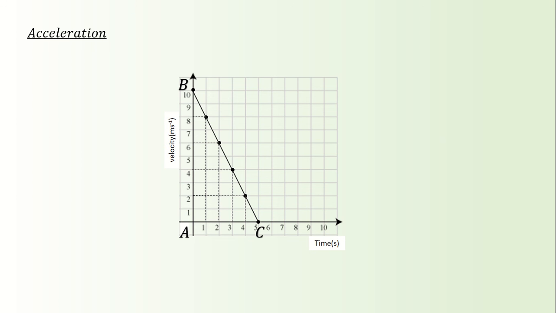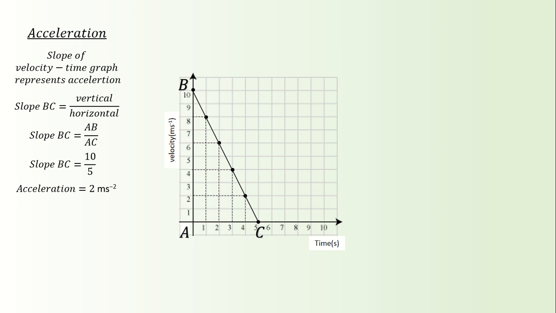Similarly, there is another case. Here, acceleration is equal to the slope of the velocity time graph. By putting the values, vertical is equal to AB and horizontal is equal to AC. 10/5 is equal to 2 meter per second square. But we write not only 2 meter per second square, acceleration is equal to minus 2 meter per second square.